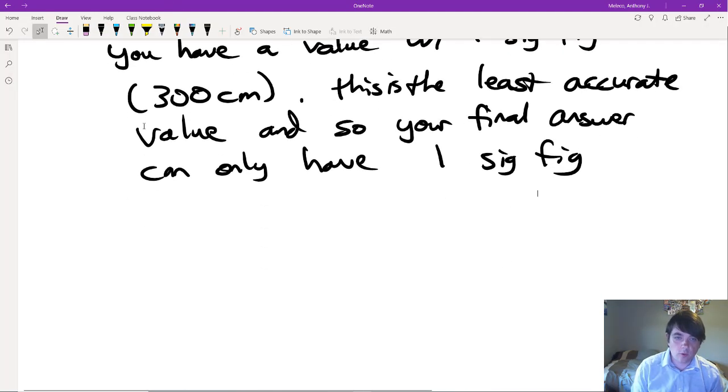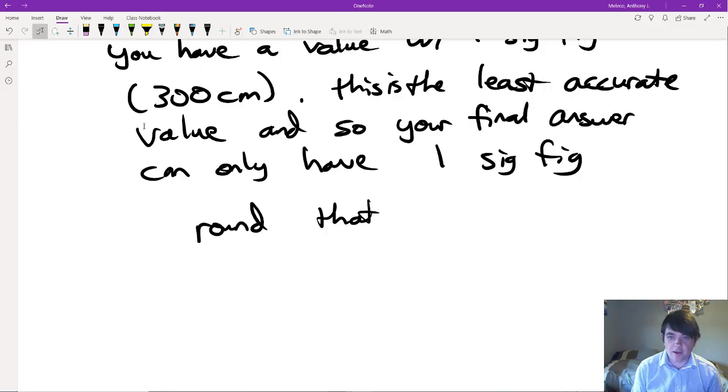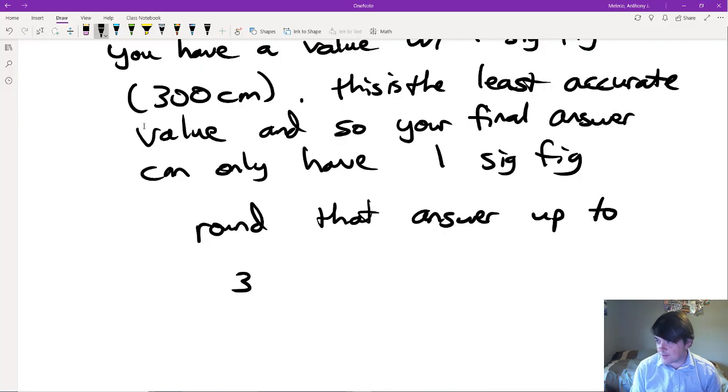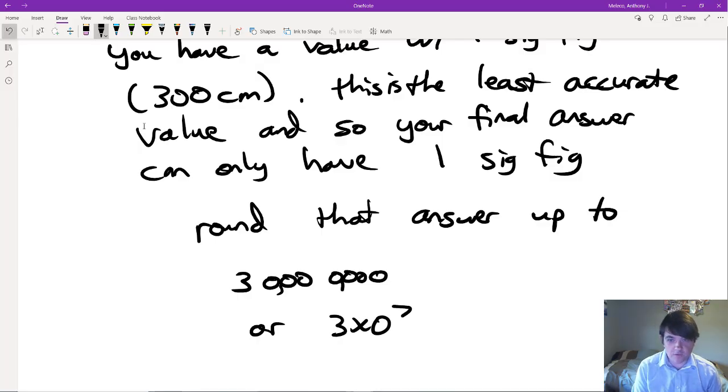So round that answer up to 30,000,000. So it is 30 million, or 3 times 10 to the 7 centimeters cubed.